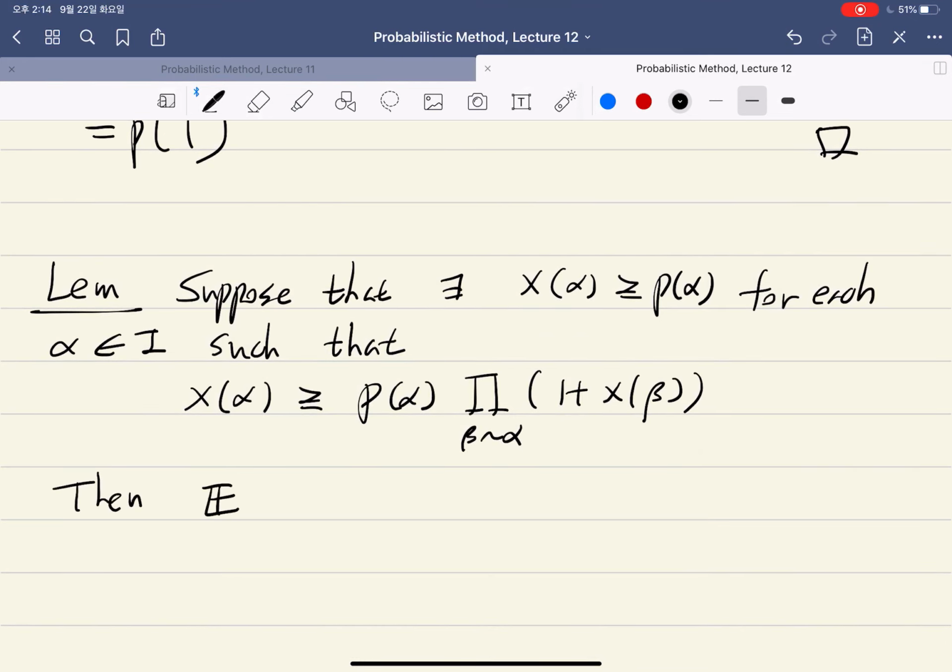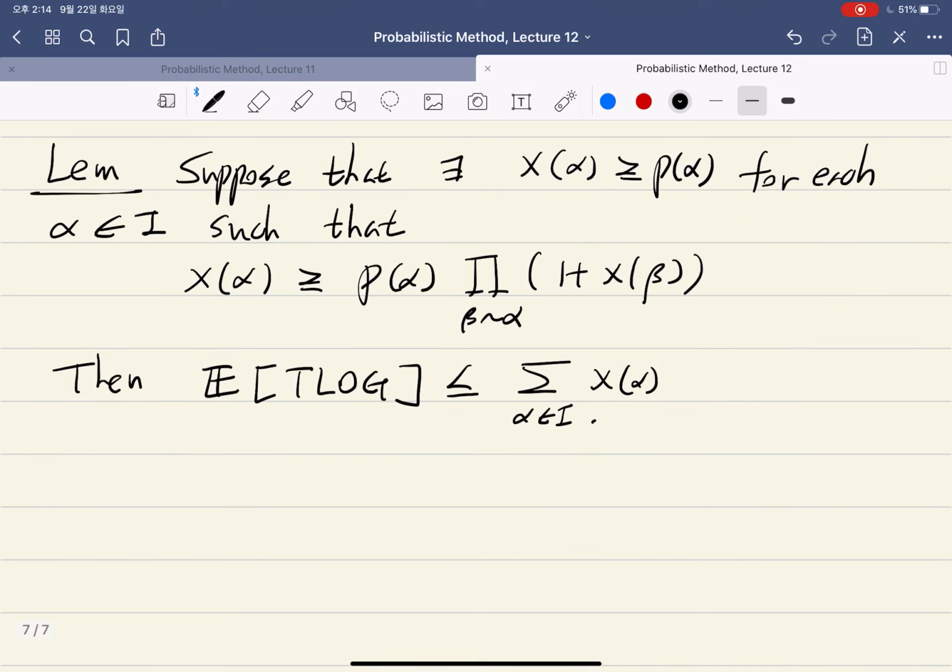Then the expected length of the log is at most the summation of x alpha. So if we prove this, then we can actually show that this modulus fixed algorithm can produce a good randomized algorithm for many applications of local lemma.